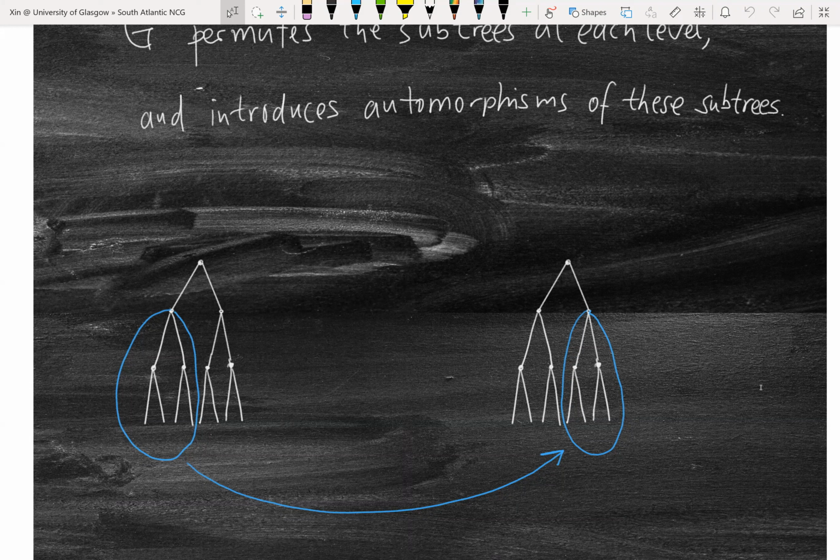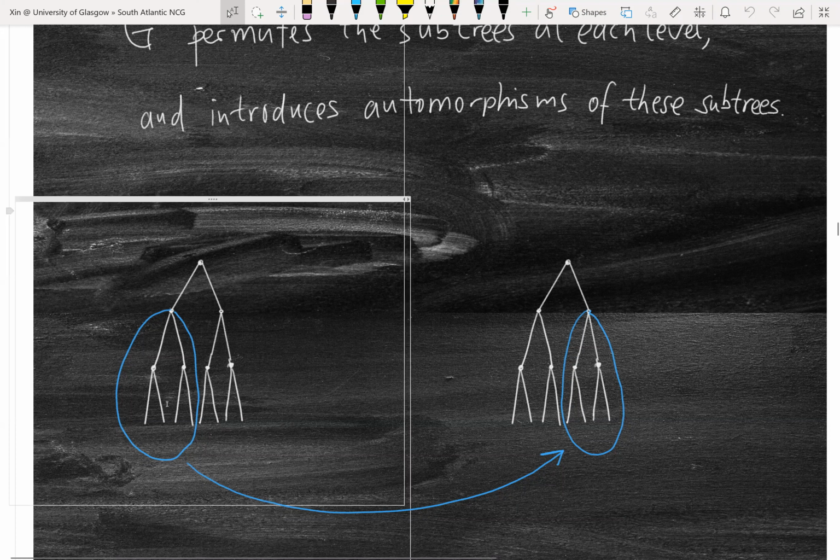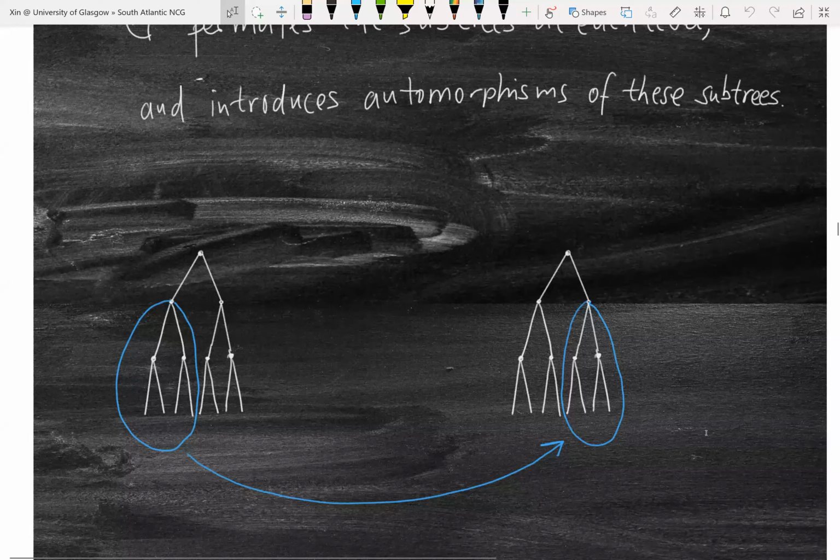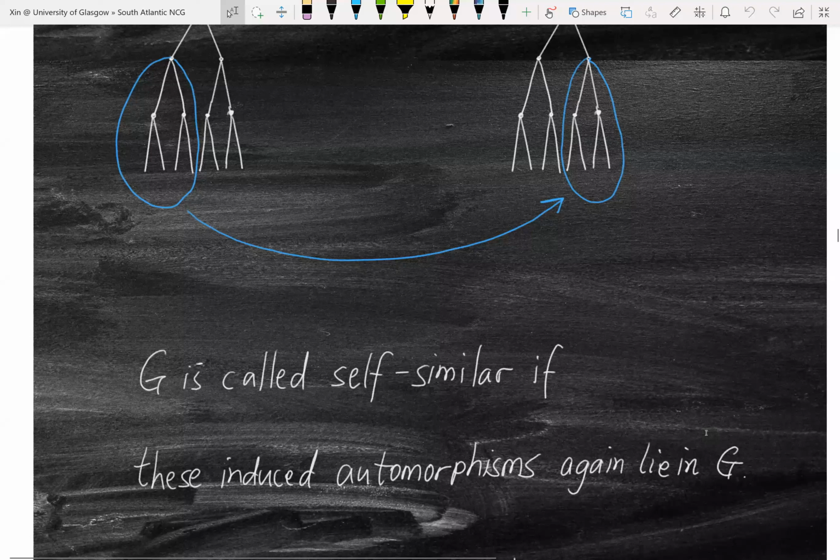But each of the subtrees is again canonically isomorphic to the big tree. So in other words, the restriction of your group element is another automorphism of the tree. And this is precisely the notion of self-similarity, that you ask these restricted automorphisms to again lie in the group itself. And then your group is called self-similar.